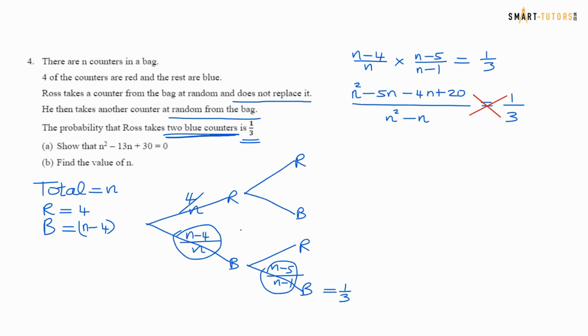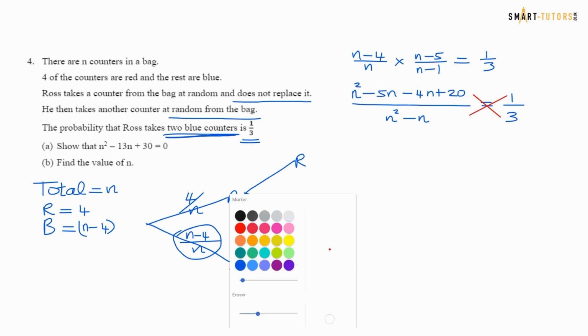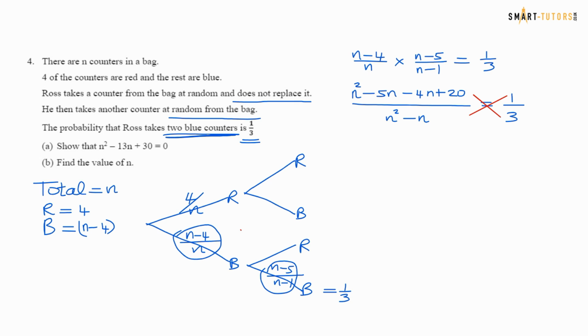So let's change to blue color. 3 times n squared is 3n squared, minus 5n minus 4n is minus 9n, times 3 is minus 27n, plus 60 equals n squared minus n.